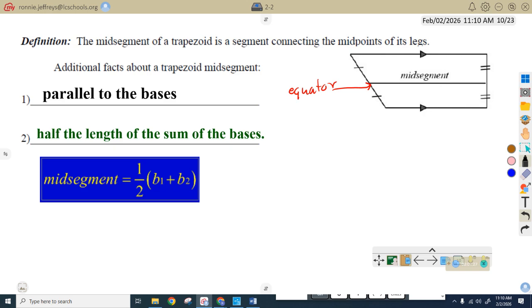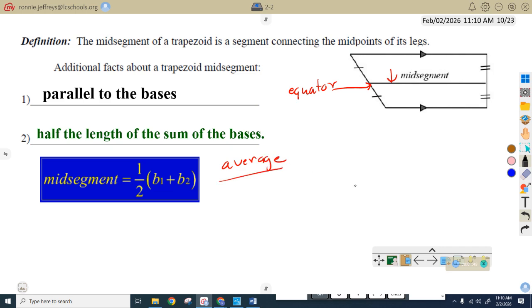Now, what it does is it cuts this, that's congruent. Half of the length of the sum of the bases is this. This is also the average.